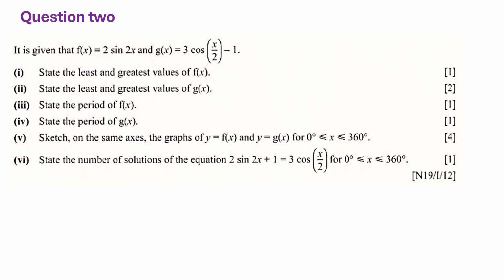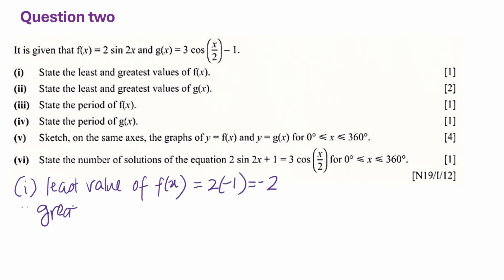For the first 4 parts, they are relatively easy questions. In part 1, you are asked to find the least value of f(x). We substitute sine 2x to be negative 1, and then substitute sine 2x to be 1 to find the greatest value.